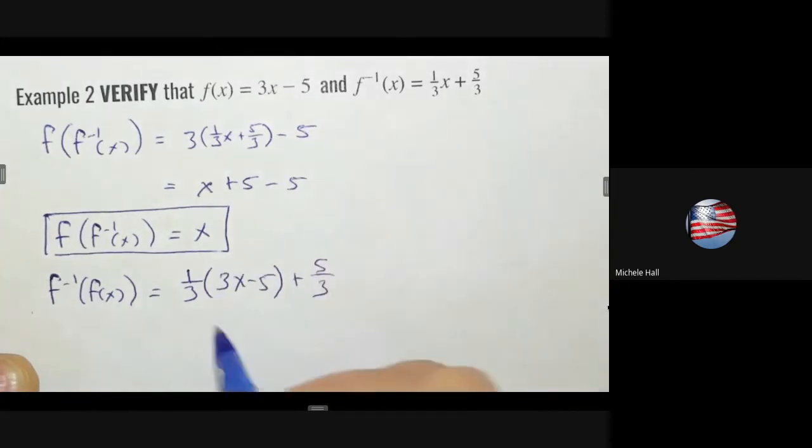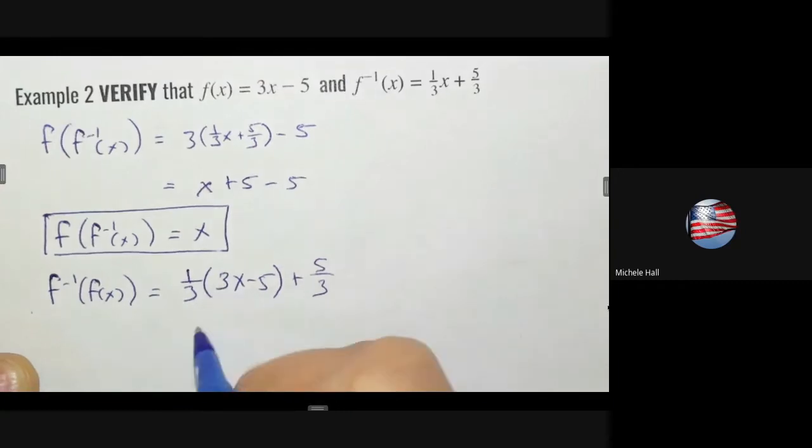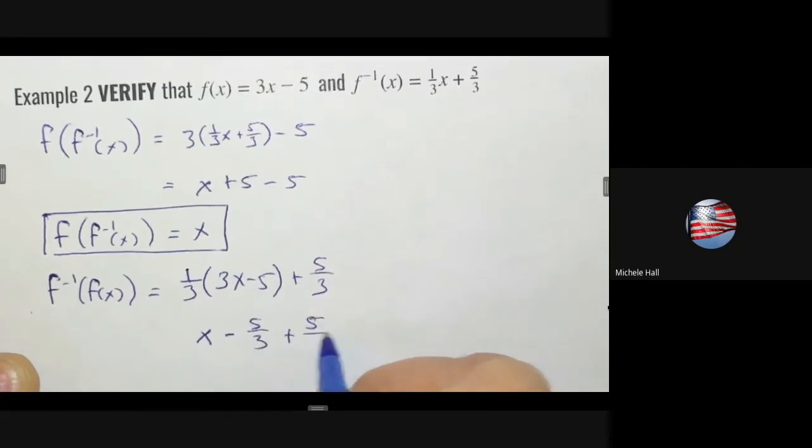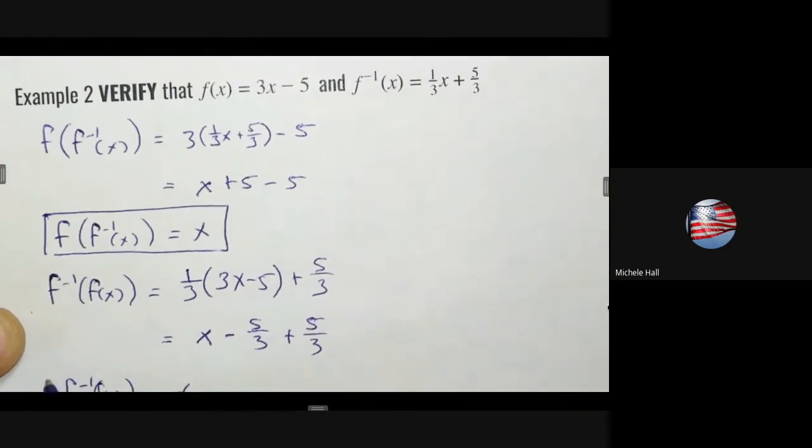And again, we're starting with the distributive property. 1/3 times 3x is x. 1/3 times negative 5 is negative 5/3. And I still have a plus 5/3. And we get x.